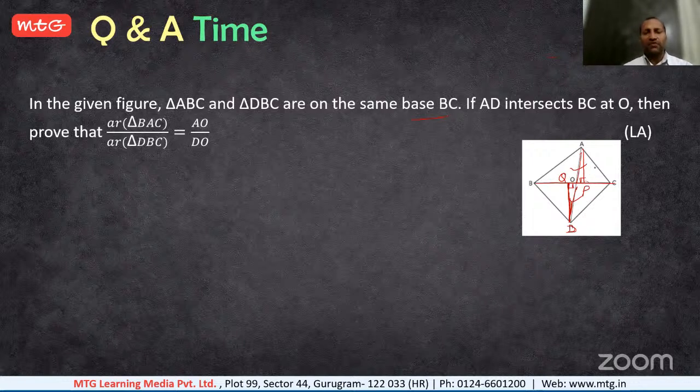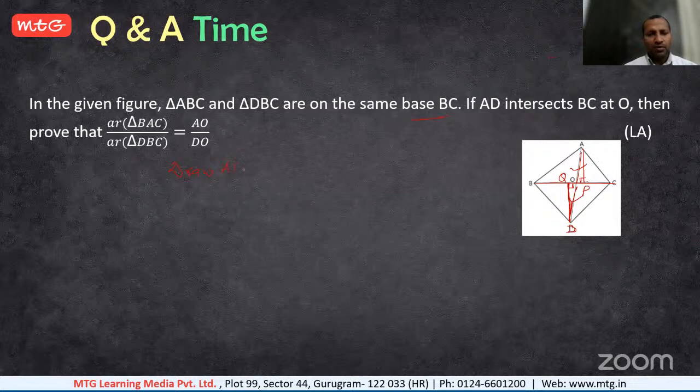That construction we have done. Whenever you do any construction, you have to mention it. So write: draw AP perpendicular to BC and DQ perpendicular to BC.